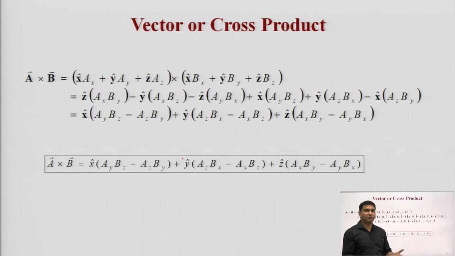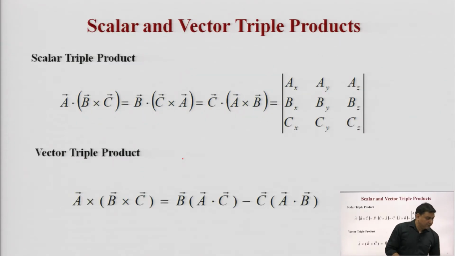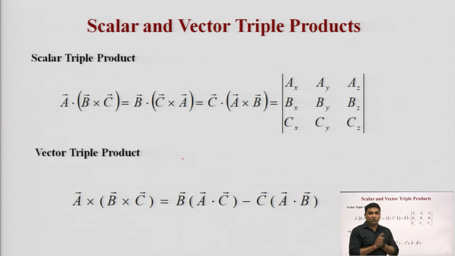Okay, so this is the same thing which I described in the previous slide, and the complete analysis, the complete derivation is given here. Okay, now come to the next topic, which is the triple products.